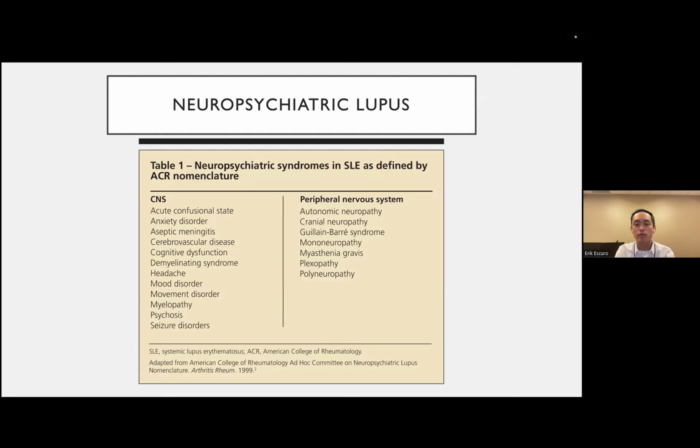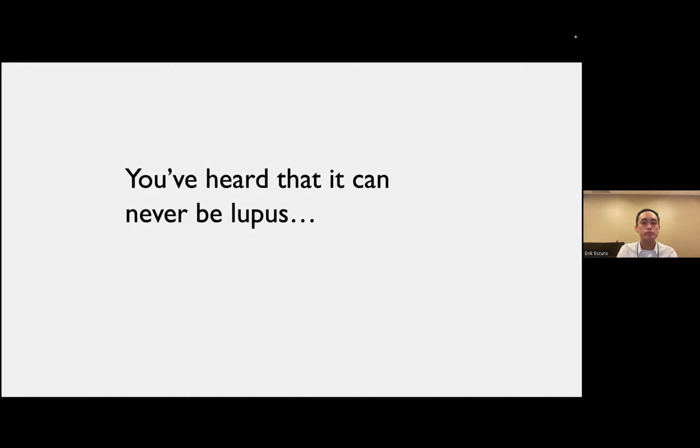And then from a peripheral standpoint, you might be dealing with some peripheral neuropathies, but you might also be dealing with things that are more in line with Guillain-Barré syndrome. So unfortunately, we don't have great testing measures from a blood standpoint to prove neurologic involvement of lupus. Oftentimes, we'll rely on things like lumbar punctures and MRIs.